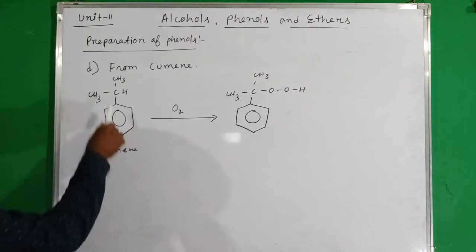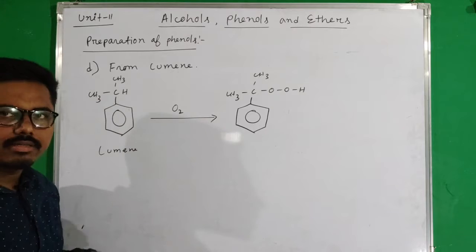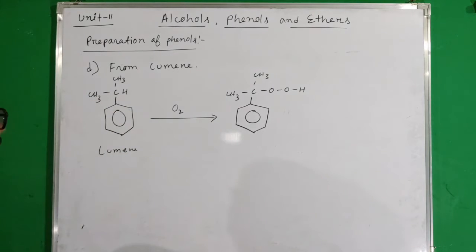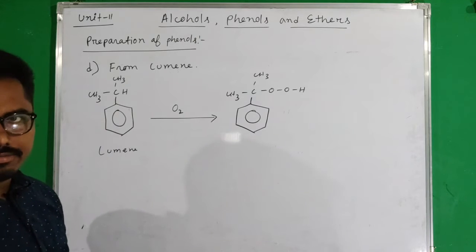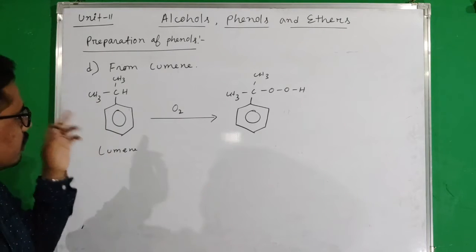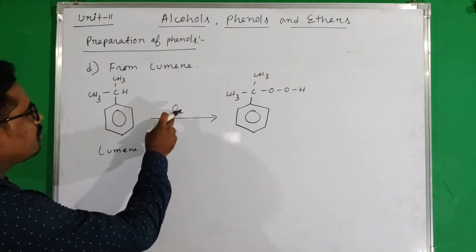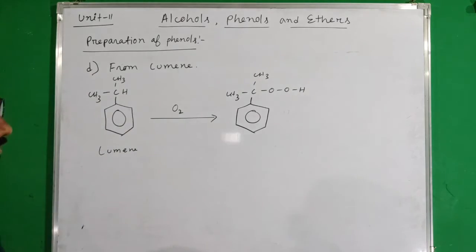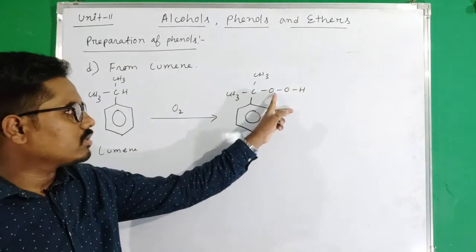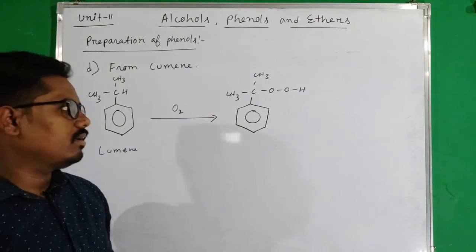That means this carbon is benzylic carbon. The sp3 hybridized carbon next to a benzene ring is known as benzylic carbon, and benzylic carbons are very active. Due to the activeness of this carbon, the oxygen will get attached to this carbon, forming a peroxide bond. When an oxygen-oxygen single bond is present, that bond is known as a peroxide bond.